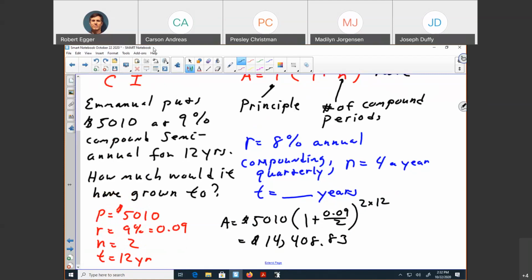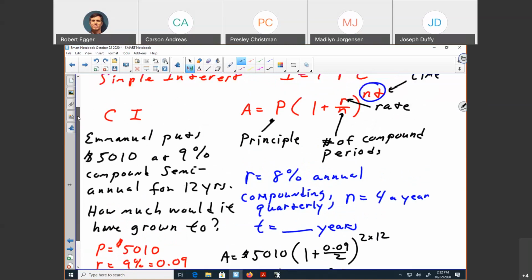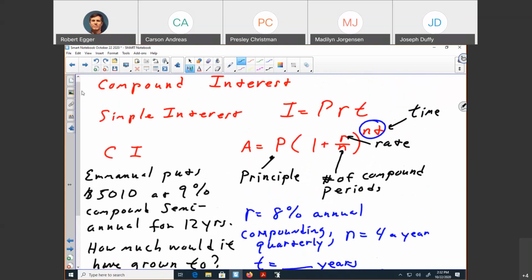So this one, anything compound interest, you've got to recognize the equation to use. Compound interest is more involved than simple interest. So now, let's say the question was, what was the interest that you earned?